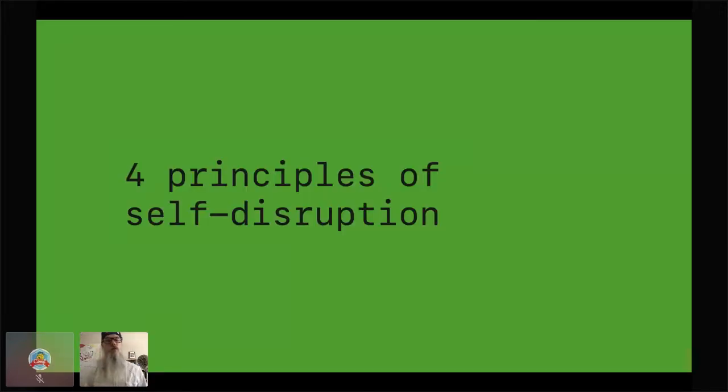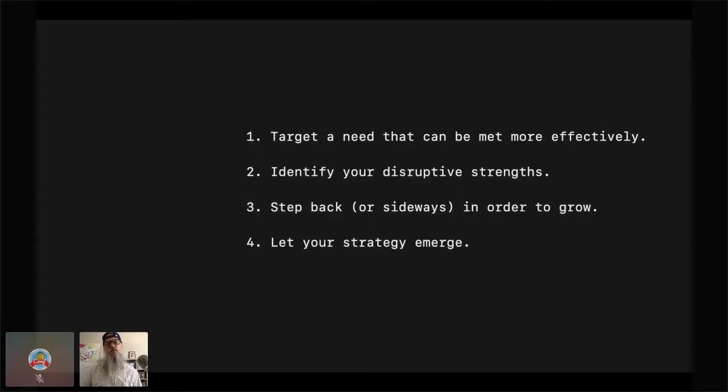To do this, there are basically four principles of self-disruption. We'll go over these in a little detail, and I'll bring out some examples. Hopefully we can learn something about self-disruption and support the disruption that's going on. The principles are: first, target a need that can be met more effectively. Number two, identify your disruptive strengths. We need to find those strengths within ourselves, within the community, that can push this.